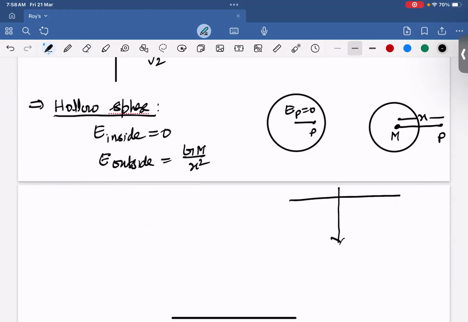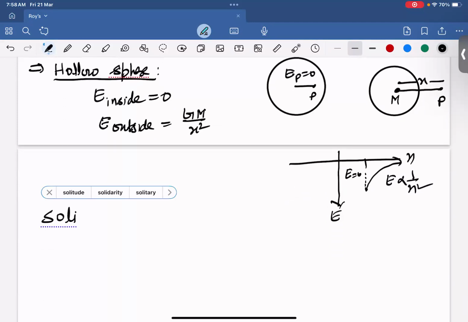Okay, if the field and the distance x, here there is no field. Field starts from here only and it goes decreasing. So this shows that here there is no field. Here field is zero. And here field is inversely proportional to x square. So that type of graph you get in hollow sphere.